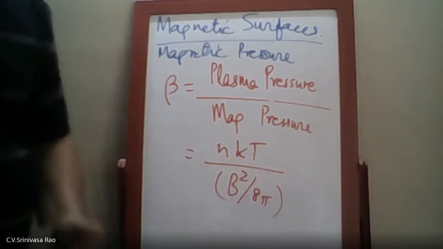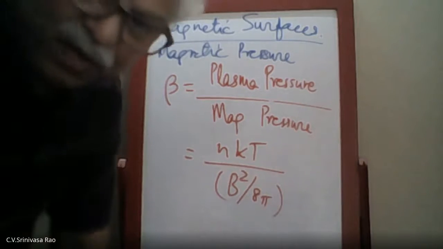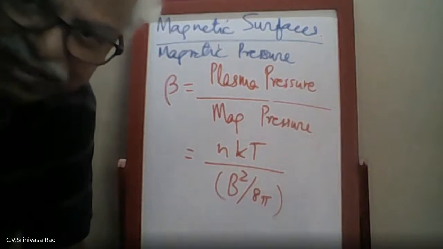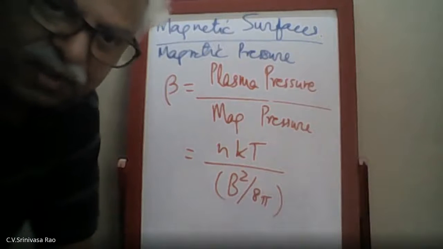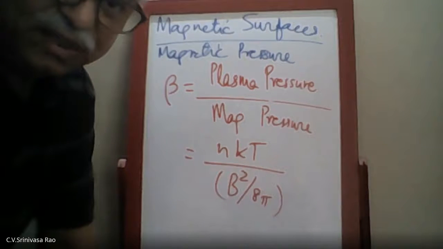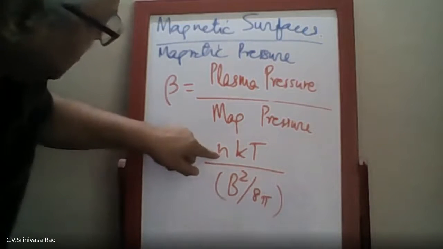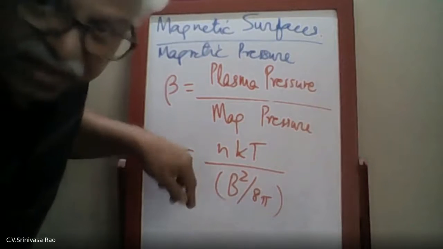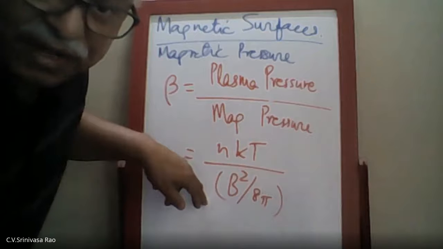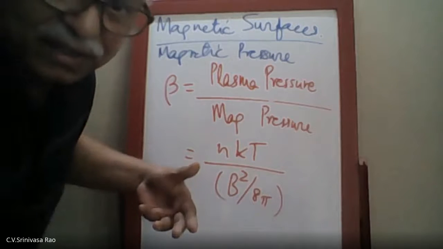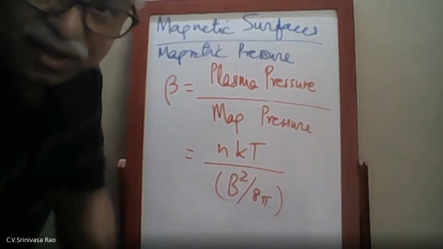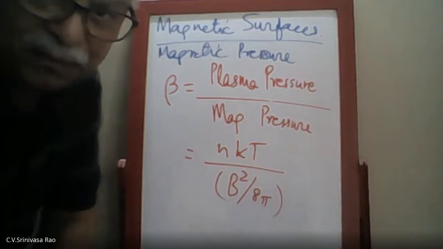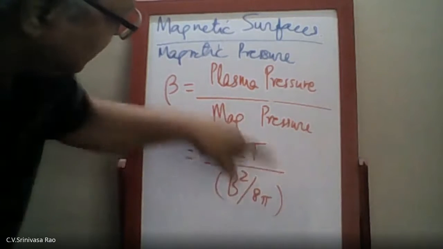Every tokamak or every plasma device will have a particular beta. You cannot exceed this, because the moment you try to increase it, plasma pressure will become stronger than the magnetic field, and it will break the field lines. Instabilities are generated. So there is always a given beta, and you cannot exceed it.